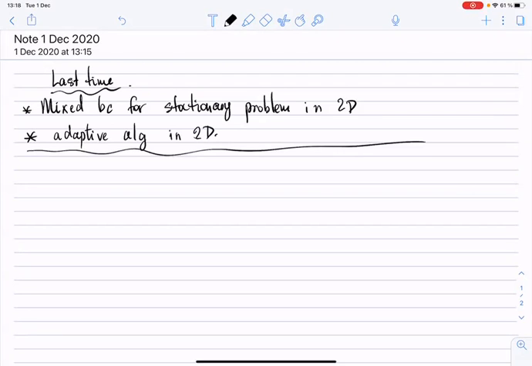Okay, now today we will move and we start with time-dependent problems, because I think in the second part of the project you are supposed to solve time-dependent reaction diffusion equation. So today we will start with heat equation.